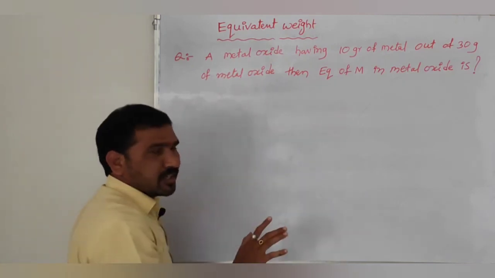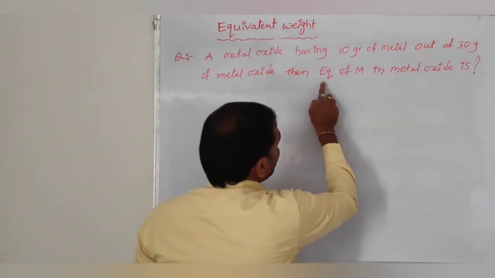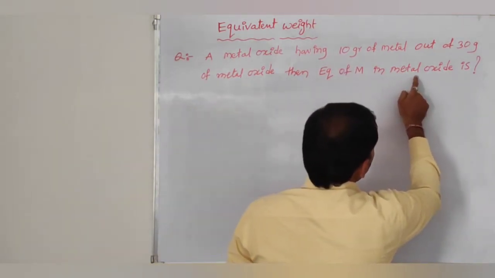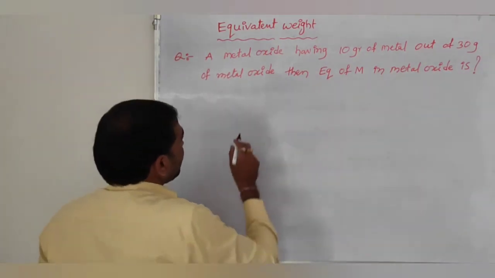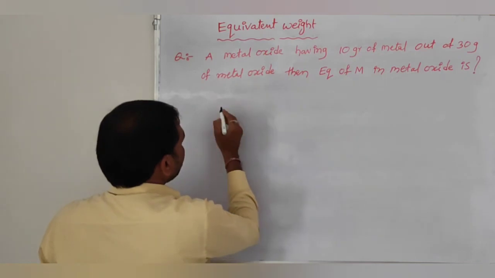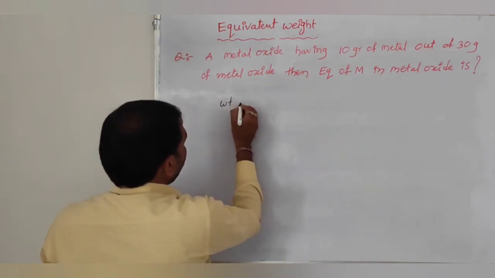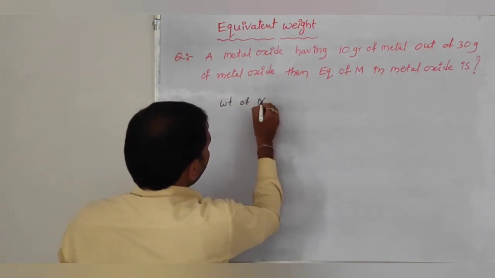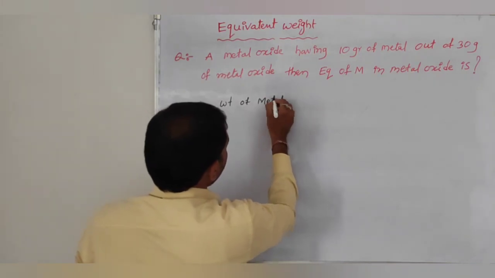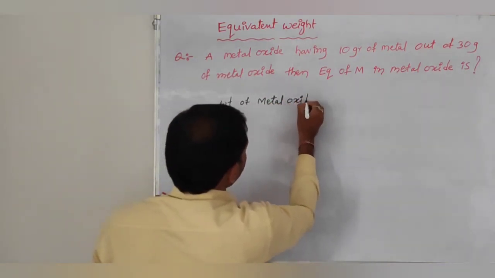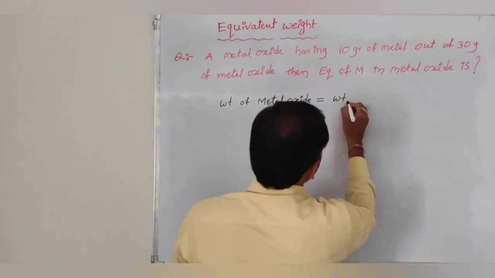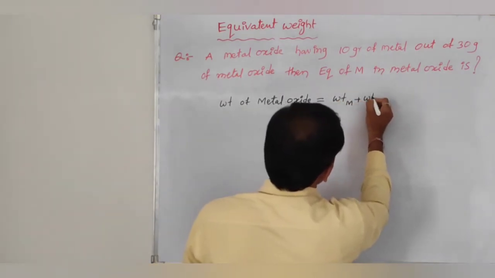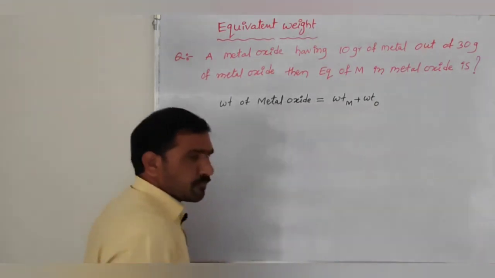The next question is a metal oxide having 10 grams of metal out of 30 grams of metal oxide, then the equivalent weight of metal in metal oxide is? So here, beta, the complete weight of metal oxide is given. Weight of metal oxide is equal to weight of metal plus weight of oxygen, right?